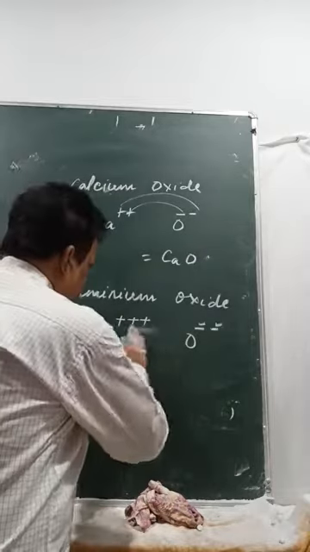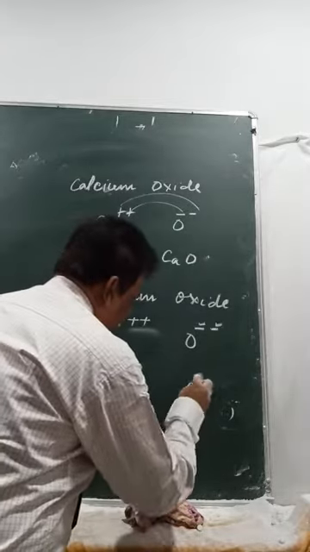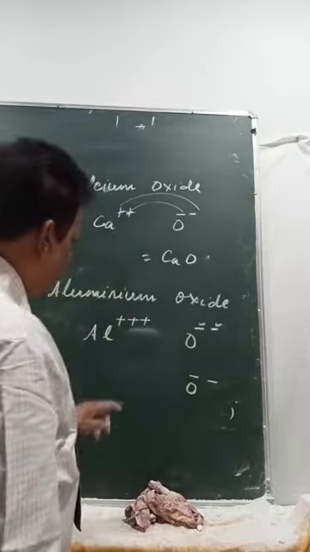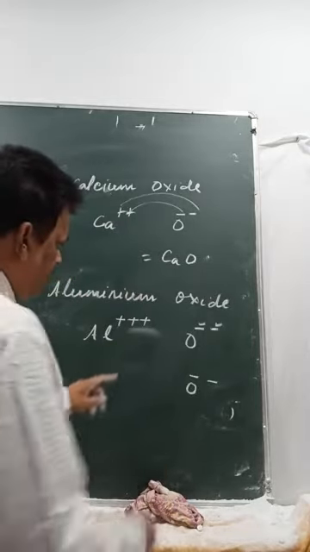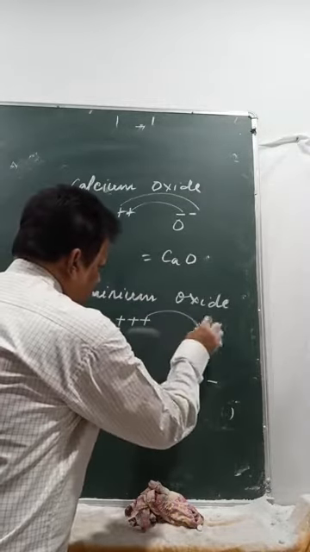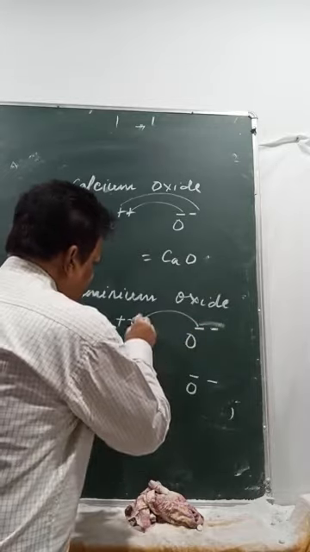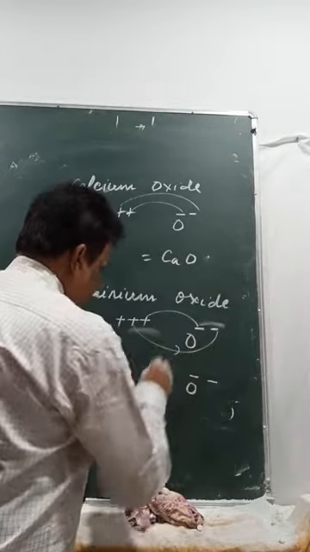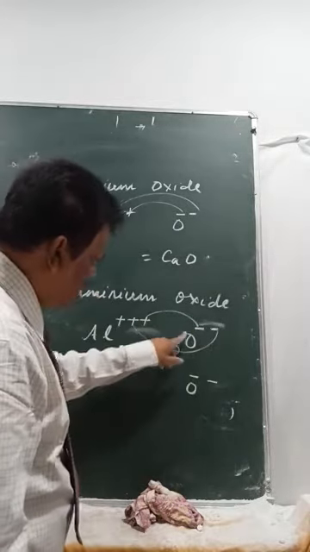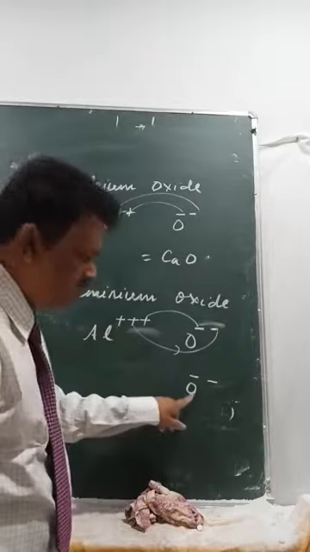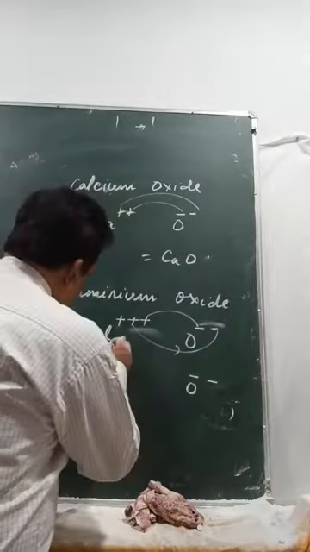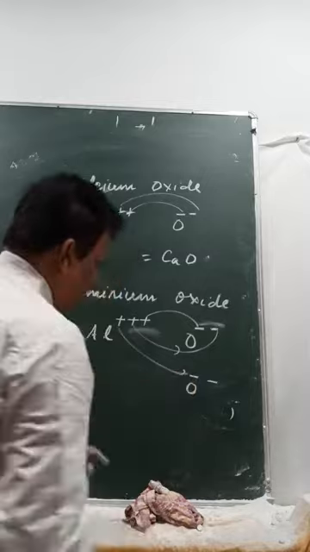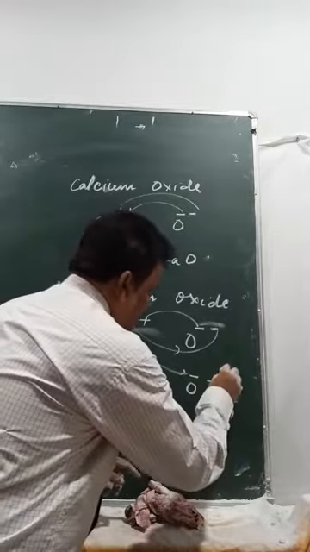So for that, if I take 1 more oxygen, then what will happen? Just look at here. First, this is neutralizing this. This is neutralizing this. If I am taking 1 more oxygen to balance this, then this will neutralize this. But what about this one?